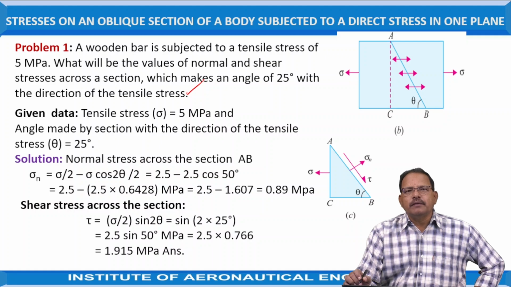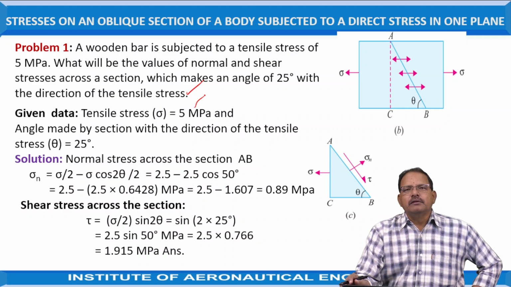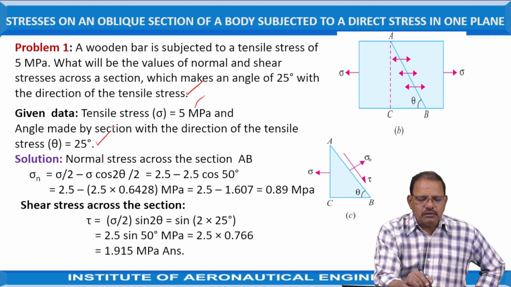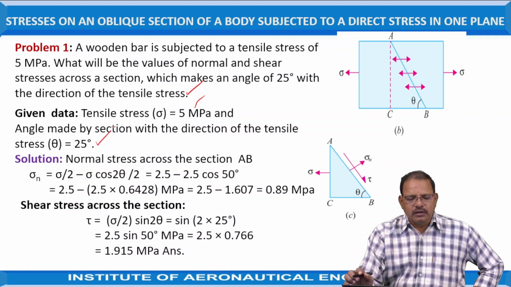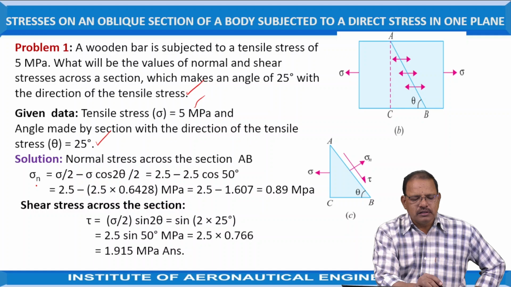The given data in the problem is the tensile stress sigma equal to 5 megapascal. Because it is tensile in nature, it is treated as positive. The angle made by this section with the direction of tensile stress is theta equal to 25 degrees.